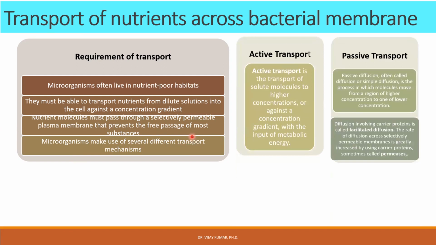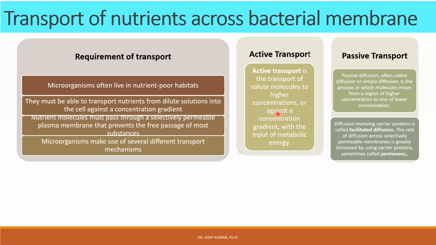Okay, now based on the energy requirement, the transport system can be classified into two. One is the active transport system and the other is the passive transport system. In the active transport system, ATP or energy is required, and it is the transport of solute molecules from a lower concentration to a higher concentration, which is also called against the concentration gradient.